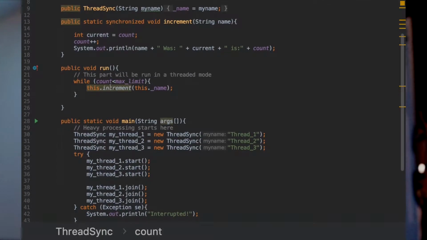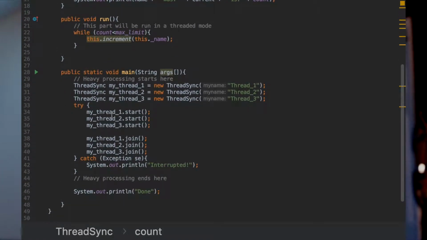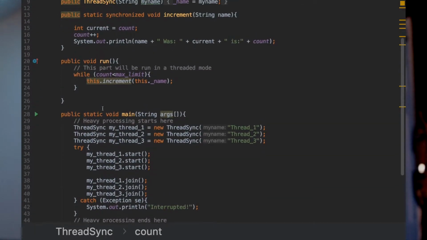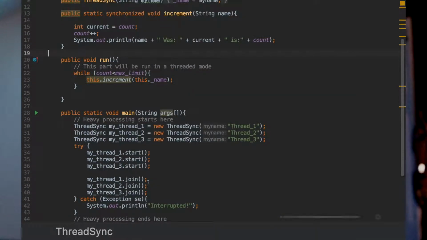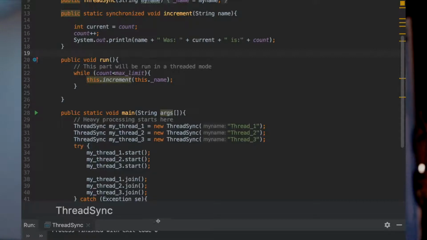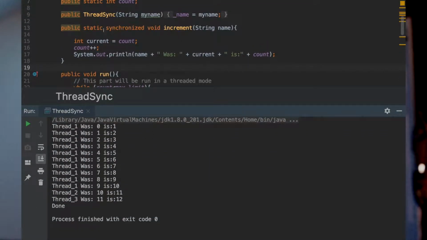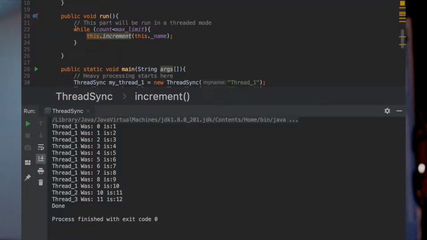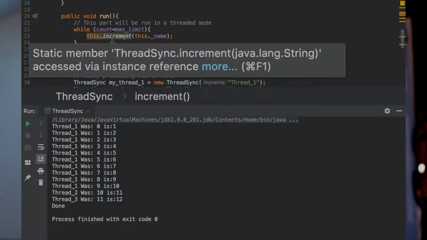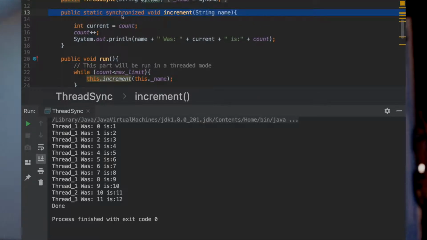So when we run 3 threads trying to run the code, if we click on run, we can see that right now, because this function, the one that is called on the run, where it's trying to count, is incrementing in a synchronized way.